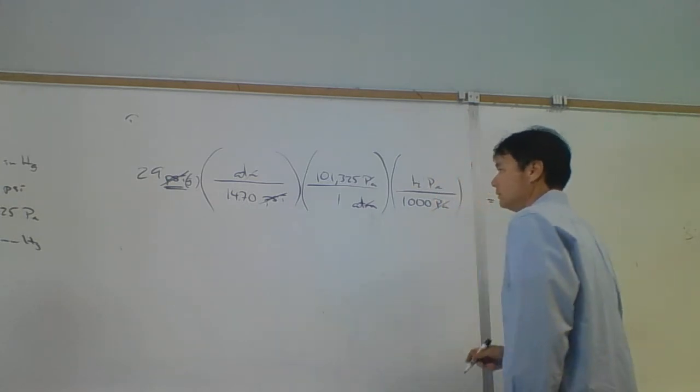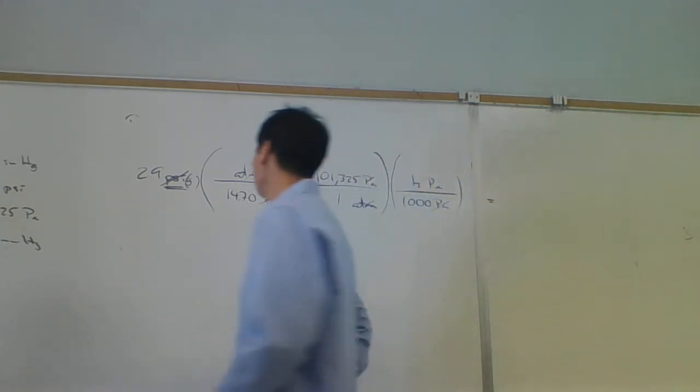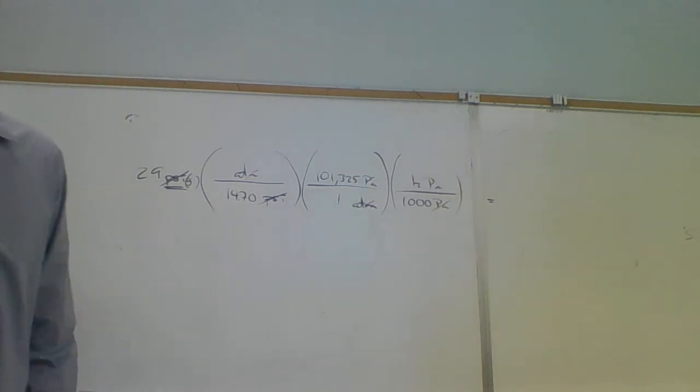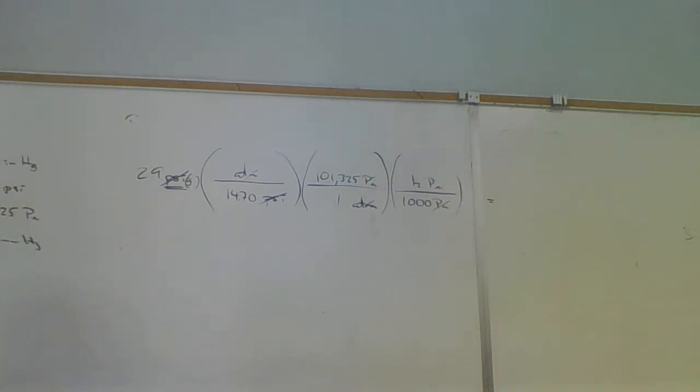So, doing that, what did you end up with here? Well, actually, it's 2.0, but I don't like it written like that because I want to see how it was rounded. So 29 divided by 14.7 times 101,325 divided by 1,000.